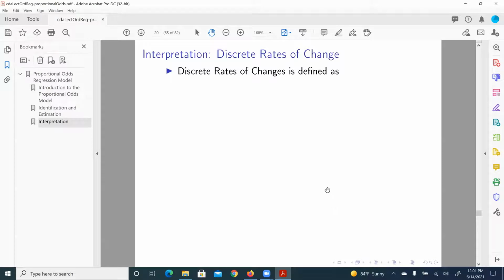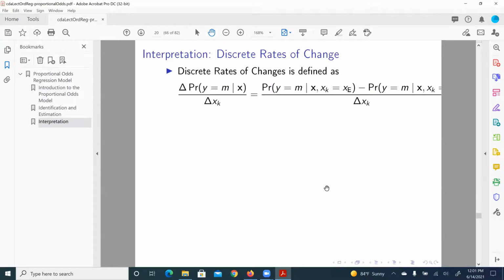Next, let me talk about discrete rates of change. When we talk about rates of change, we take a ratio of some difference in y over the difference in x, which is the amount of change in xk. It is the ratio of the difference in the predicted probability for y equal to a certain response level over the difference in xk.